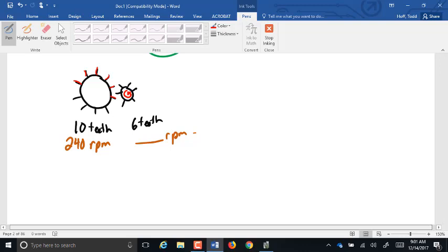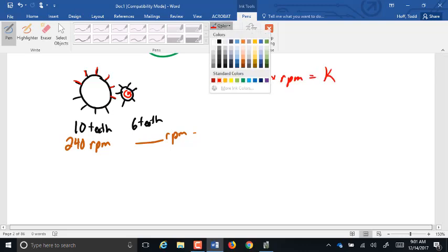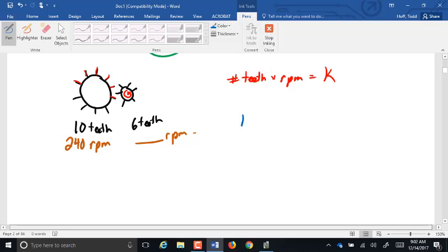So our gear ratio here, depending on which one is which, would be a 6-to-10 or a 10-to-6. But what we look at here is that the number of teeth times RPM has to be a constant. So for the first one, there's 10 teeth times 240 RPM.